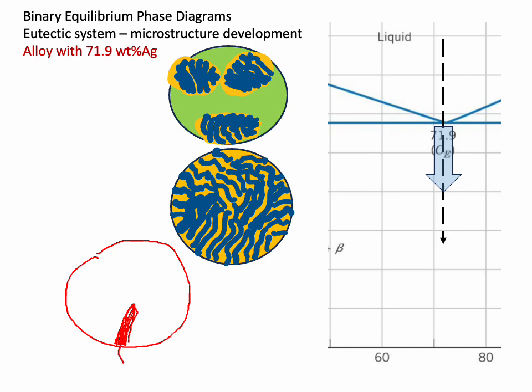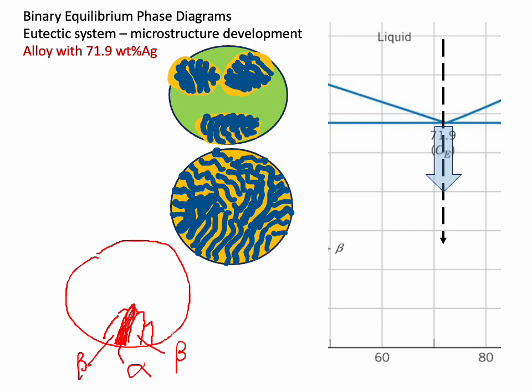So this might be alpha that formed, and alpha has a lot of copper, doesn't have a lot of silver, and so it pulls the copper away from the nearby areas, and that creates a layer of beta that has more silver and less copper.